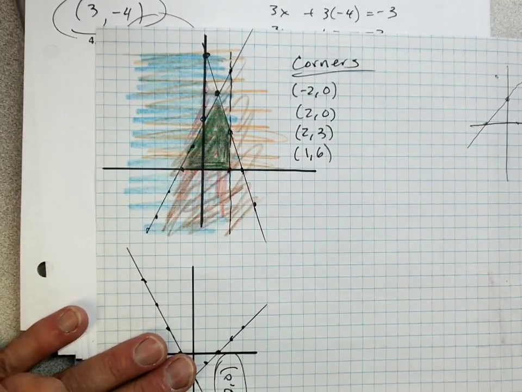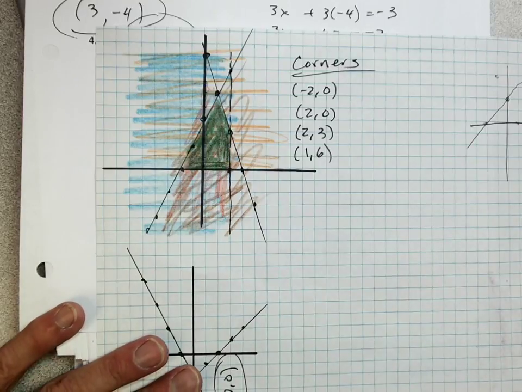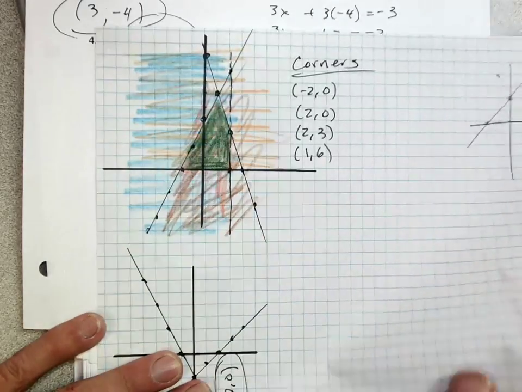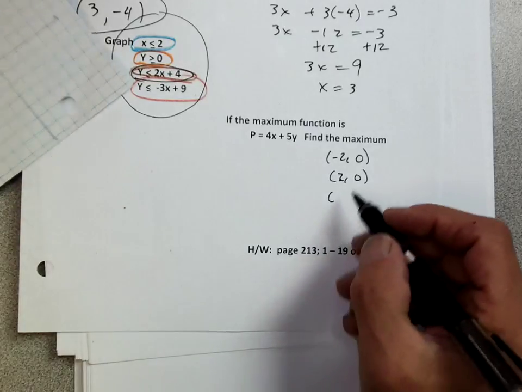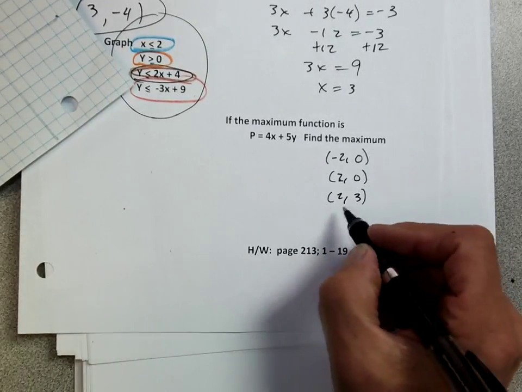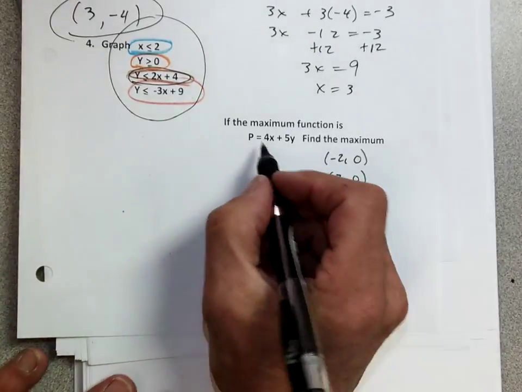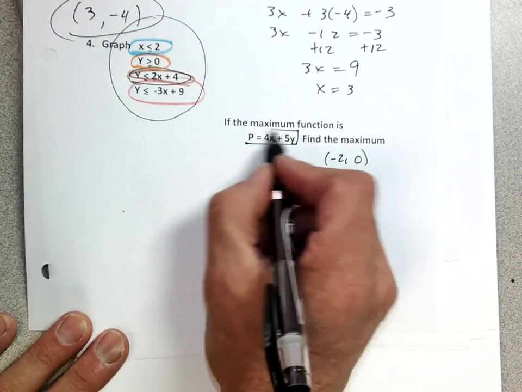I'm going to take my corners, I'm going to plug them in, all right? You got it? Okay, so here's my corners. A 2, 3, and a 1, 6, okay? So let's put that into my profit equation, okay?